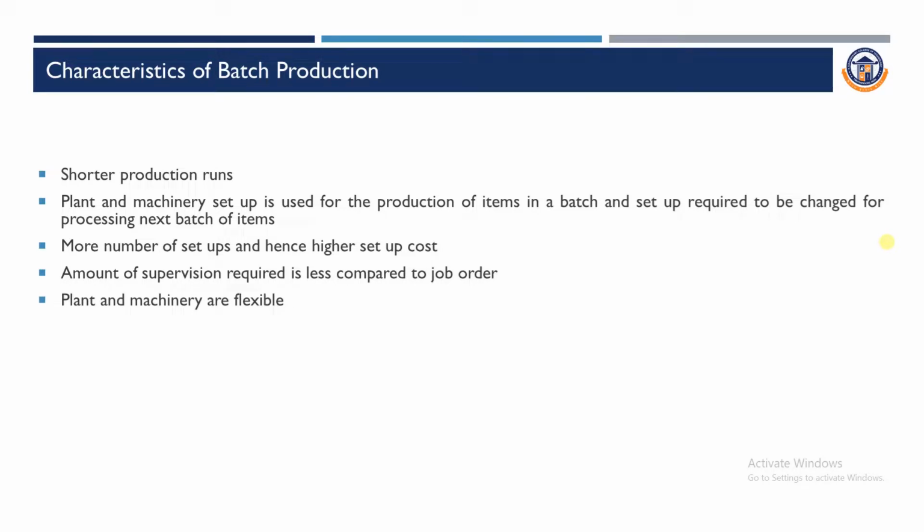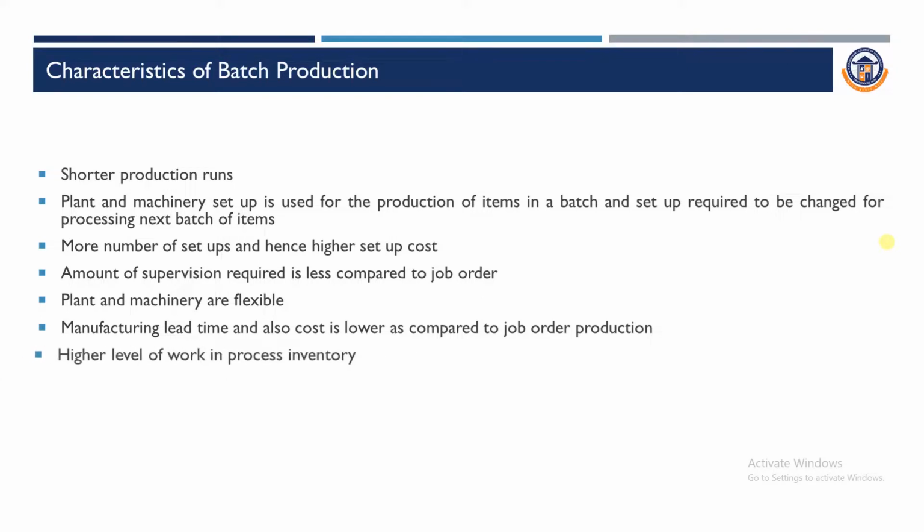Plant and machinery setup is always flexible. Manufacturing lead time and also the cost is lower as compared to the job shop. There are higher level of work in process inventory since the products are purchased well in advance.